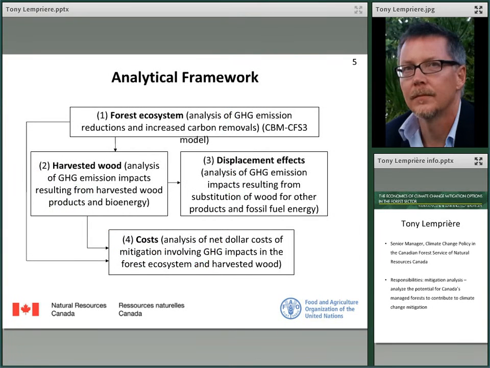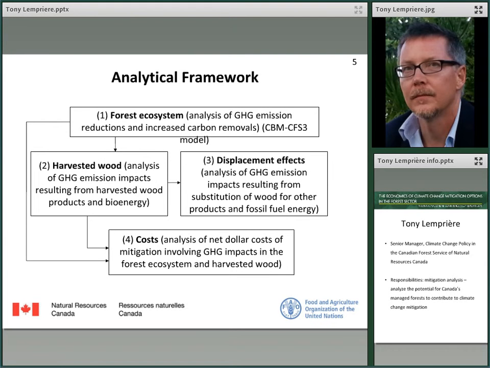We had 4 components in our analytical framework. First, the impact of strategies on the forest were estimated with the carbon budget model of the Canadian forest sector. That's the same model that Canada uses to produce forest-related estimates for its annual greenhouse gas inventory reporting.